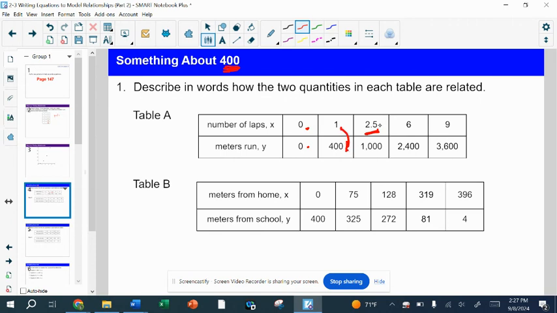This might be a little tougher to do in your head, but 2.5 times 400 is 1,000. 6 times 400, if you just think about 6 times 4, you get 24, add the 2 zeros. Same thing here, multiply by 4, add the 2 zeros, 3,600. So here we're multiplying by 400 to get the distance.